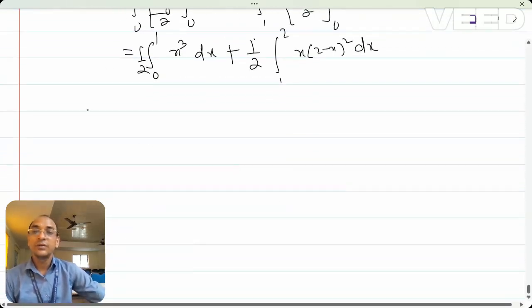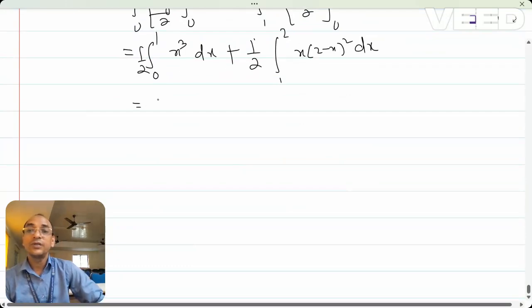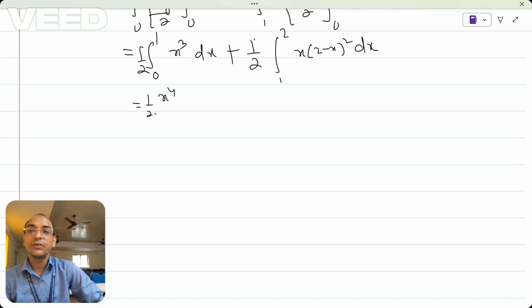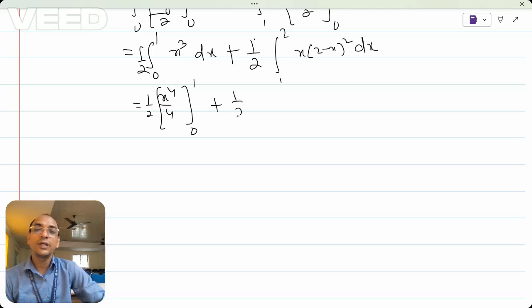Now the integration of the first one is 1 by 2 into x to the power 4 by 4, with limits 0 to 1. And here I will have 1 by 2, integral 1 to 2 of x into (4 minus 4x plus x squared) dx.